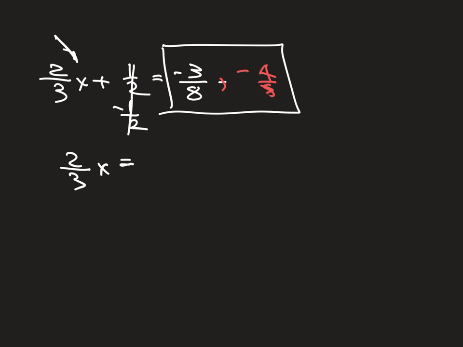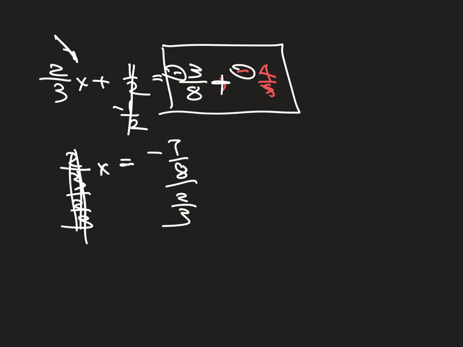So now we can subtract or add the opposite. And if you remember way back in chapter 1, when you're adding two negatives, you just add the numerators only, and you put the sign on there. So there we go. Now what we're going to do is divide by 2/3. So if we divide by 2/3 and divide by 2/3, these cancel because anything over itself is 1.